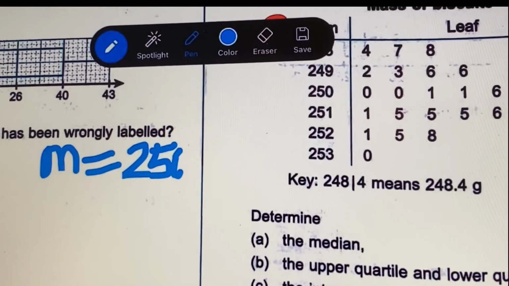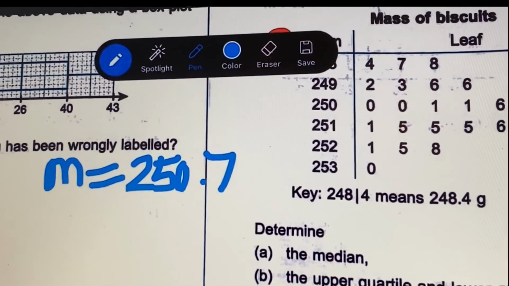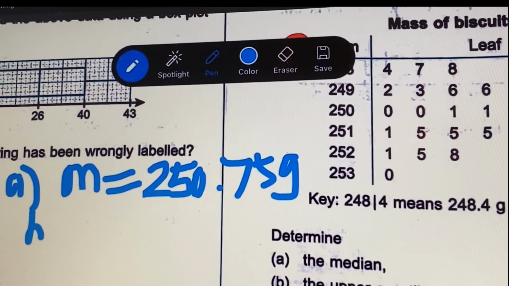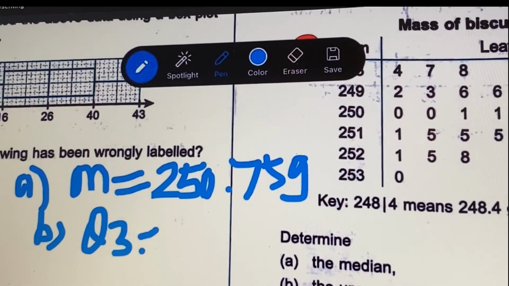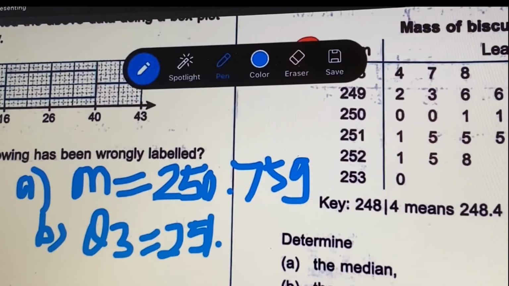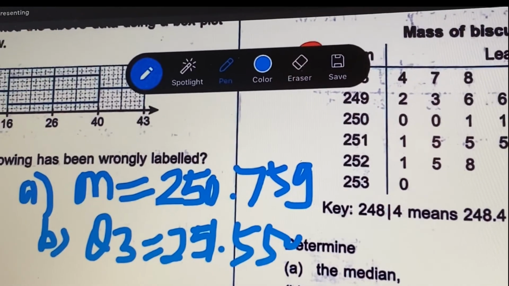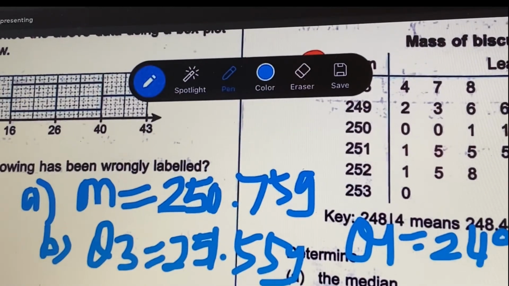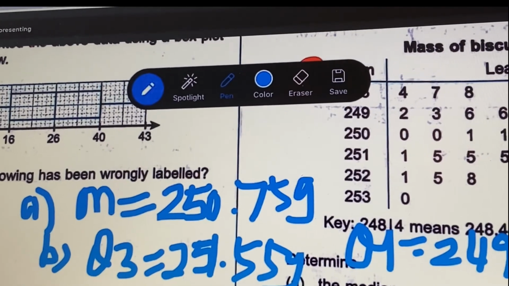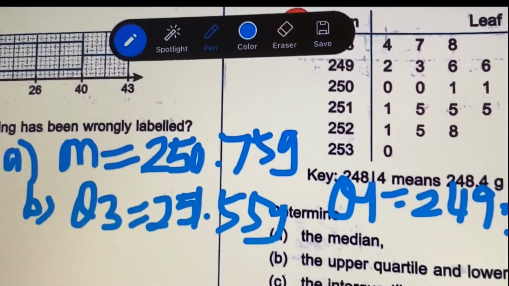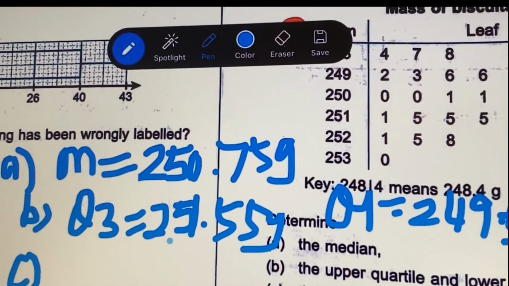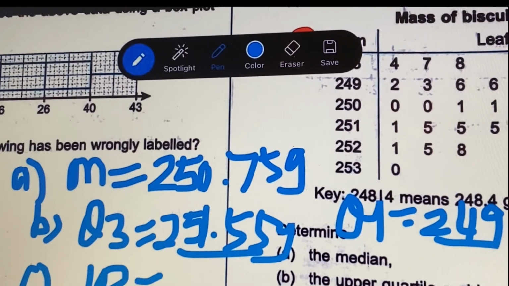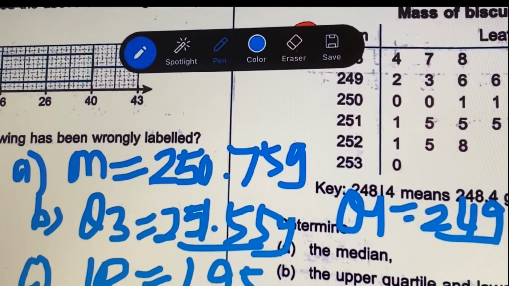Our median is 250.75 gram, and then our Q3 is 251.55. I have shown you how to do it, right? And our Q1 is 249.6. You have to read, because the data is already arranged in order. And finally, we find the difference between these two. We call it the interquartile range, which is 1.95 gram.